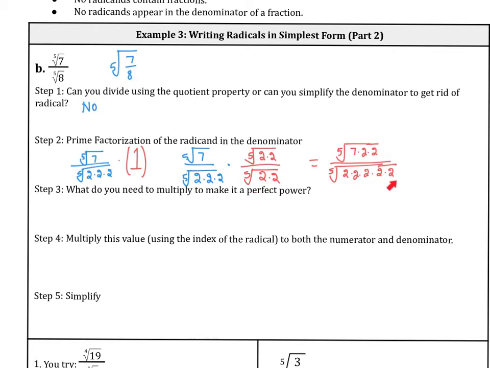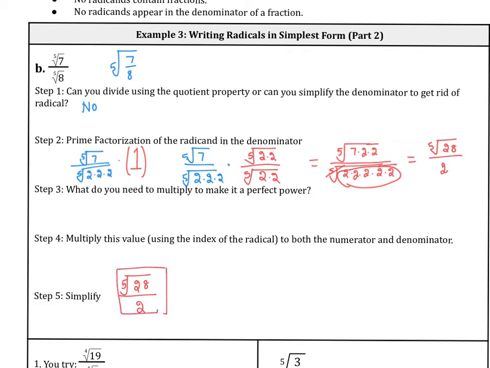So the total number of 2's is 5. They make a group of 5, so it's cancelled from the fifth root. On the top you have 7 times 2 times 2, which is 28, and on the bottom you have just 2. So the answer is going to be 28, fifth root of 28, divided by 2.